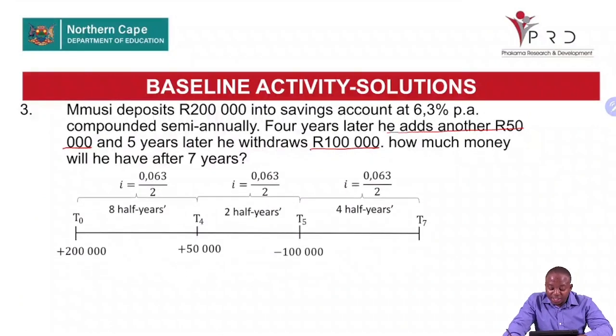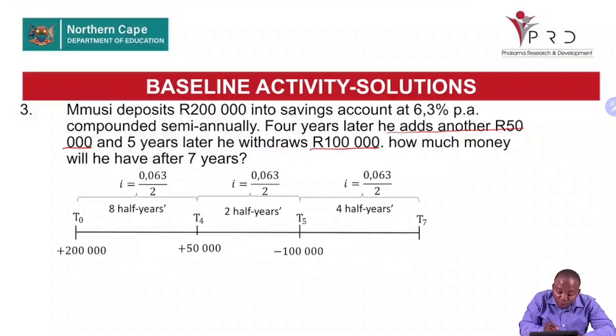We are utilizing a timeline as there are a lot of changes that are made to the deposit that we made initially. So we're going to utilize the timeline in this case to collect the data. First thing, we are checking at T0. Musi deposits 200,000.